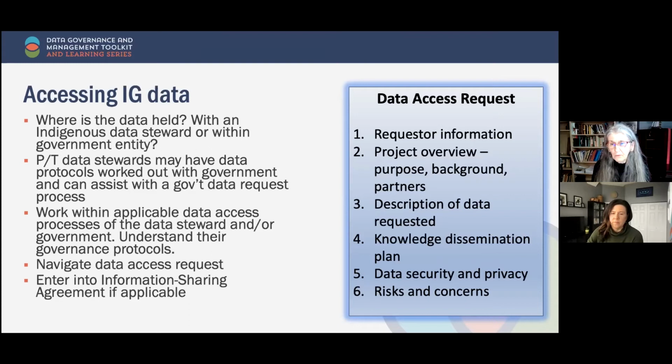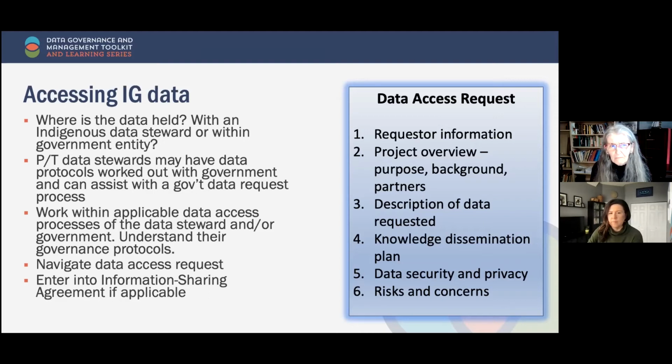But there are instances where the data that you want is not with the regional data steward, and you have to go directly to the government entity. It really depends on the jurisdiction, how much work the regional data steward has already done with government.